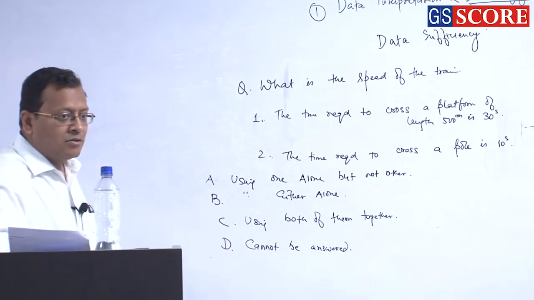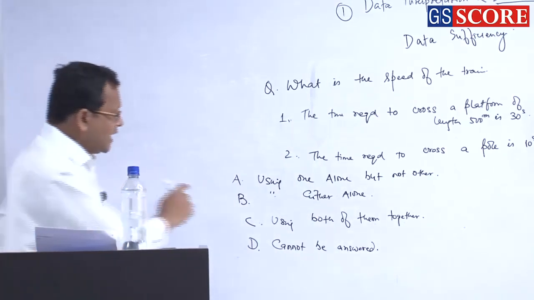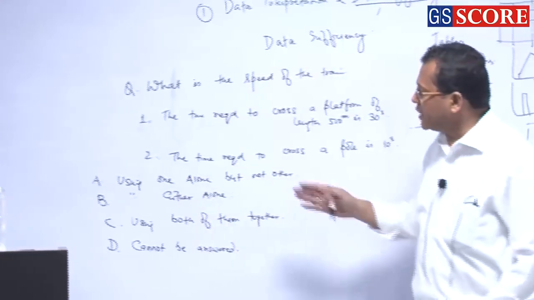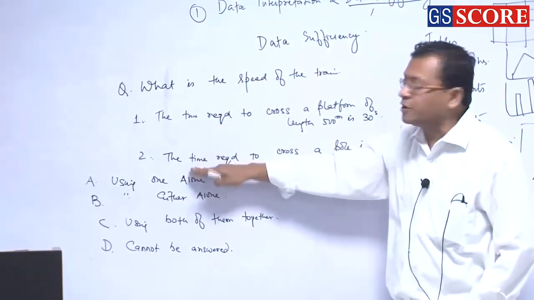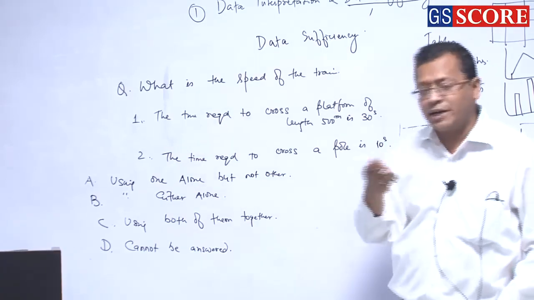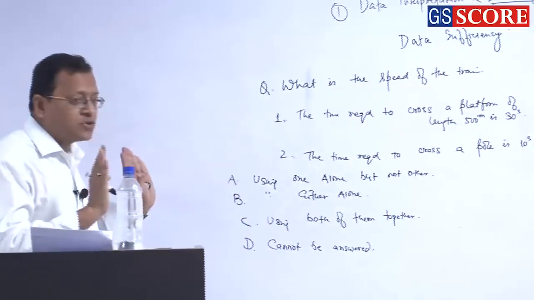A, B. So again judge it. A means one alone but not other alone, means question can be answered using this statement but not this statement, or this statement but not this statement. In some of the questions you might get two options from this single option as well. So don't get confused over that.